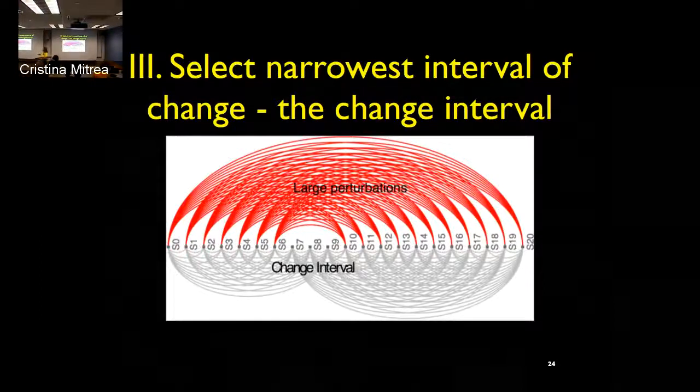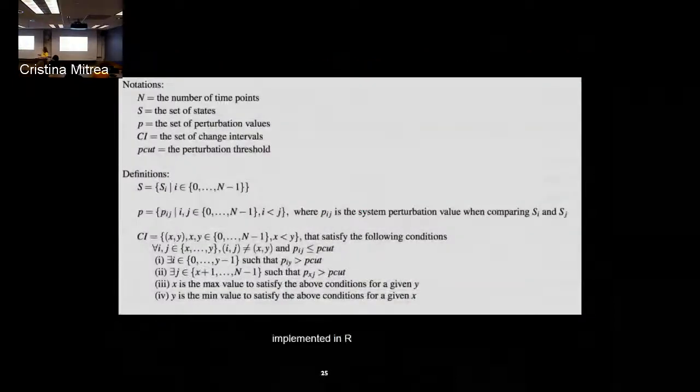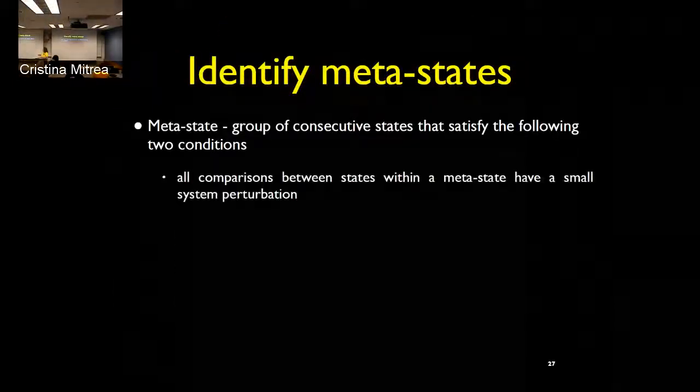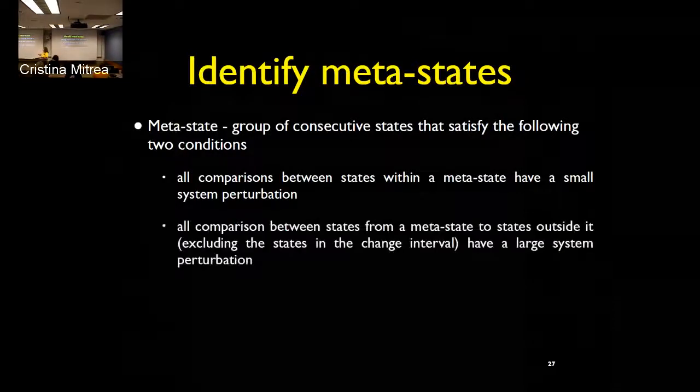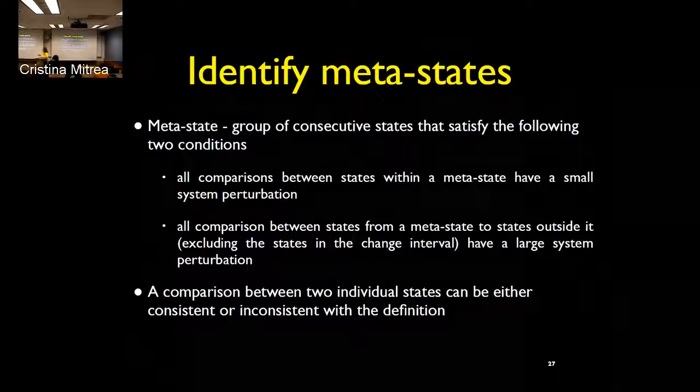So we tried to evaluate if these are real meta-states, if this happens just by chance, or these are real occurring events in this data. To do that, we took those groups of consecutive states before and after the change interval. All comparisons between states within a metastate have a small perturbation, and all comparisons between states of a metastate to states outside it have a large system perturbation.